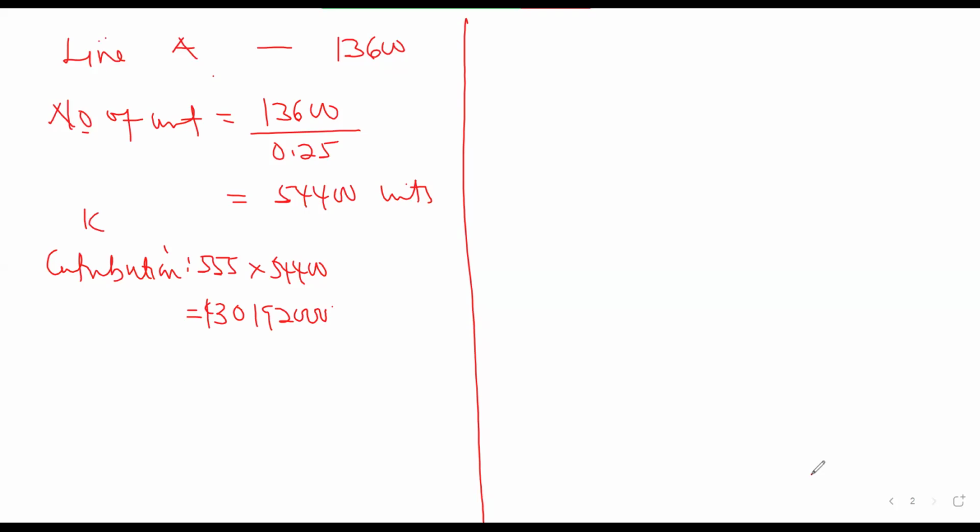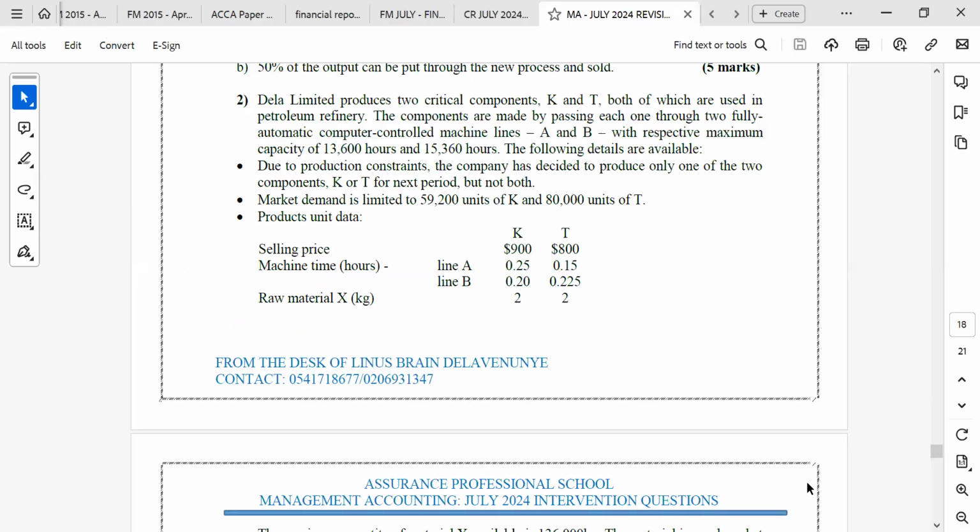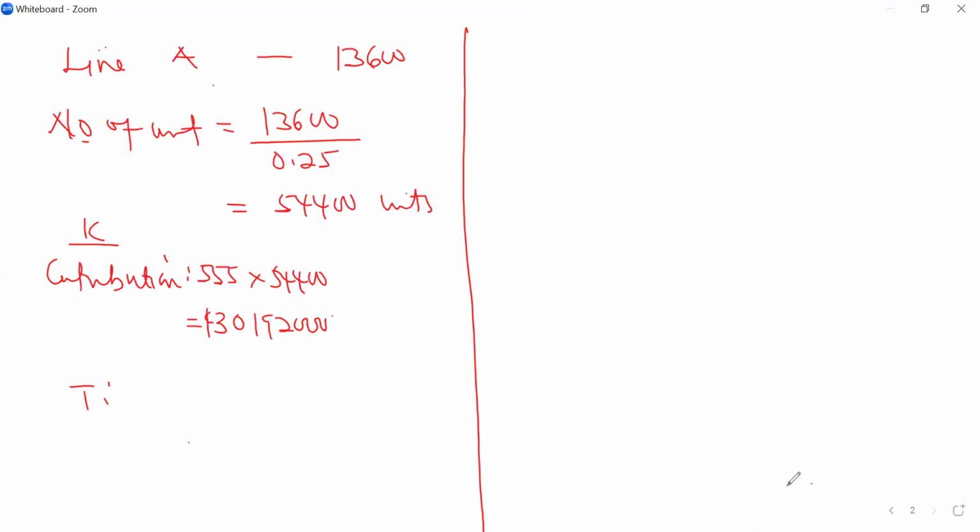Let's count to if you are producing products. This is product K. If we are producing product T, what will be the major limiting factor? Yes, please, I have a question. Why are we multiplying the hours with the contribution to determine the total contribution and not with the demand rather?